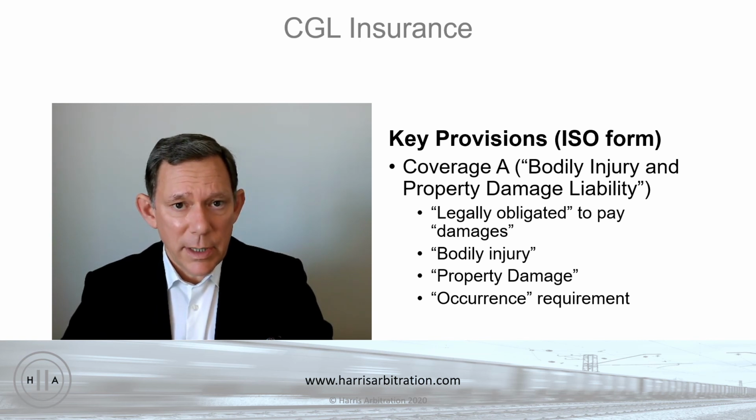Exactly the things that I was talking about. This is the sort of classic case of what a CGL policy is designed to cover, bodily injury and property damage. Some of the other coverage provisions include things such as advertising injury. We're not going to go into those. I just want you to understand the main points that a CGL policy is designed to cover.